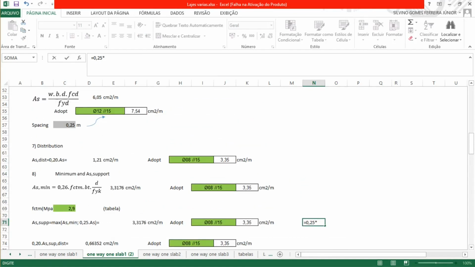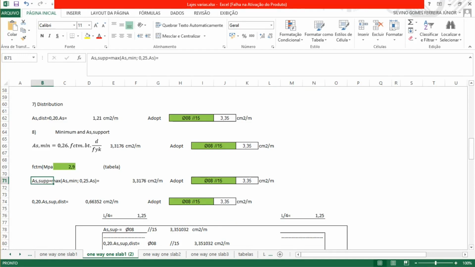We can check 0.25 by the main reinforcement. Here it was given 1.51, but the minimum is 3.31 the minimum reinforcement, so we're going to adopt, and we already know the diameter of 8 spaced by 15, 3.35 to check. And then for distribution of the support it's 20%.